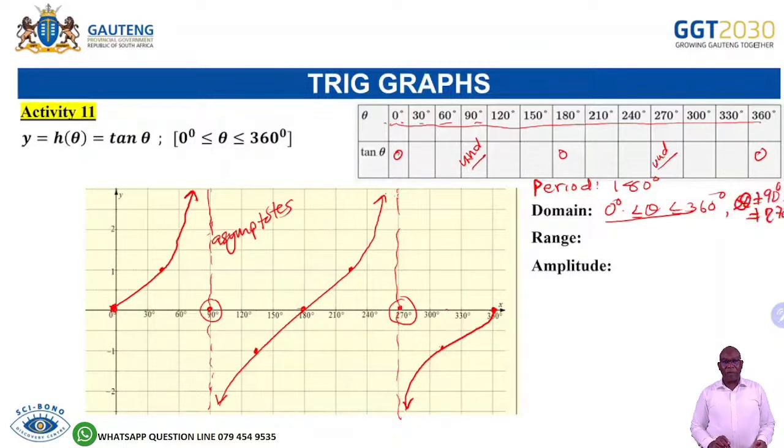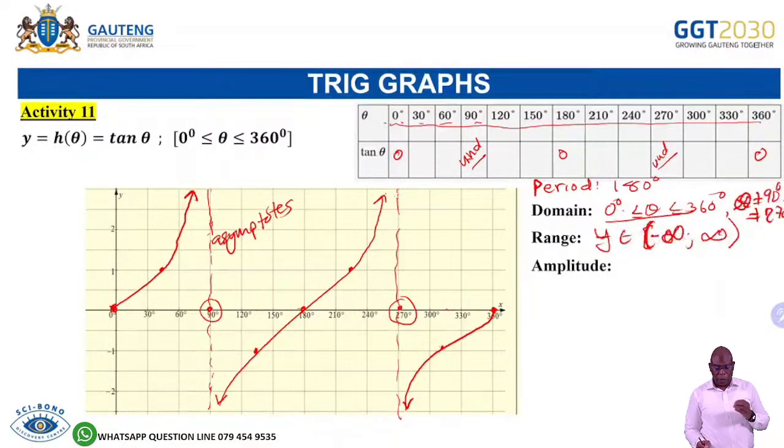What is the range of this graph? In other words, how high does this graph go and how low does it go? So the range of the graph will be, I'm going to write this, y is an element of -infinity to, remember infinity, we don't include it, to +infinity.